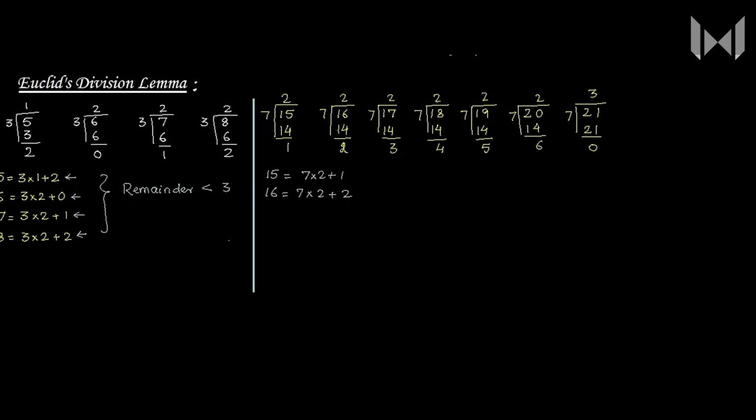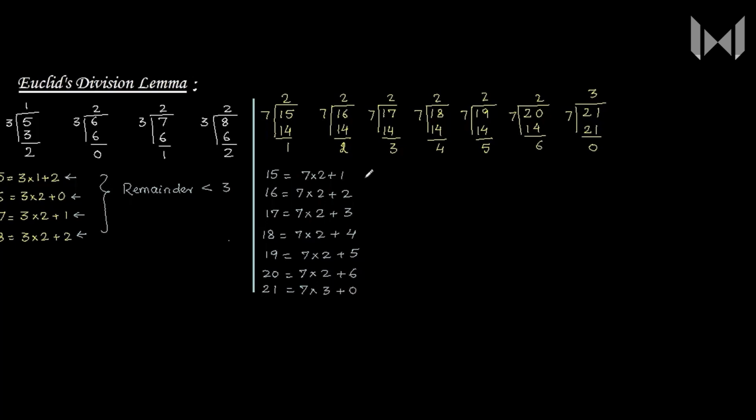Then 17 is equal to 7 into 2 plus 3. 18 is equal to 7 into 2 plus 4. 19 is equal to 7 into 2 plus 5. 20 is equal to 7 into 2 plus 6. And finally 21 is equal to 7 into 3 plus 0.